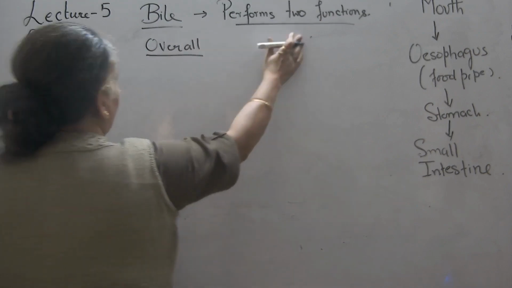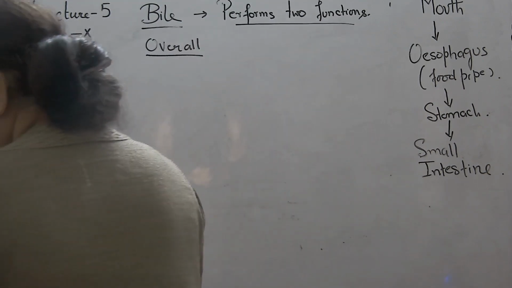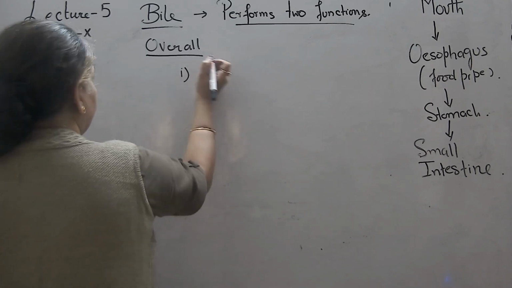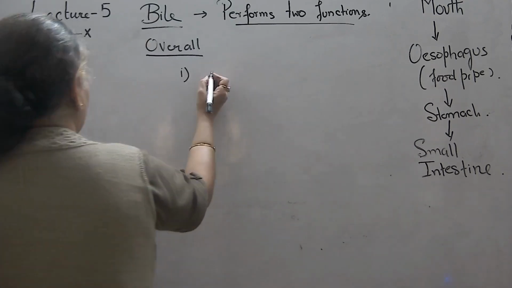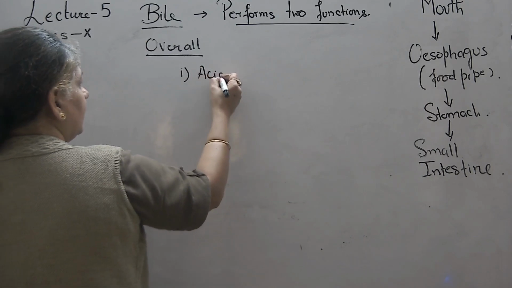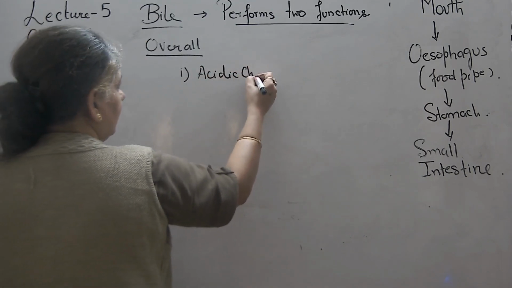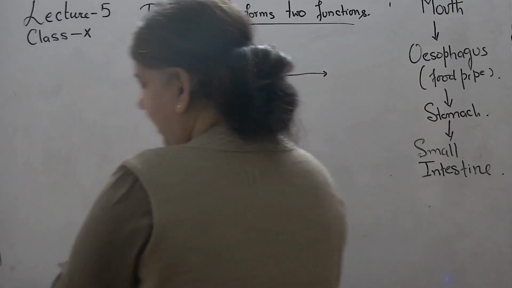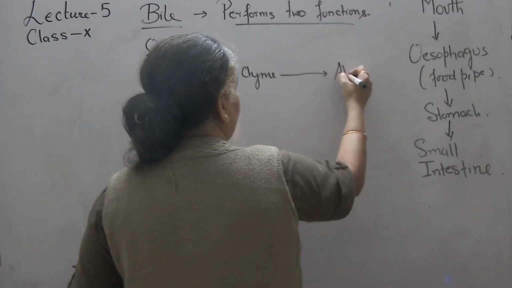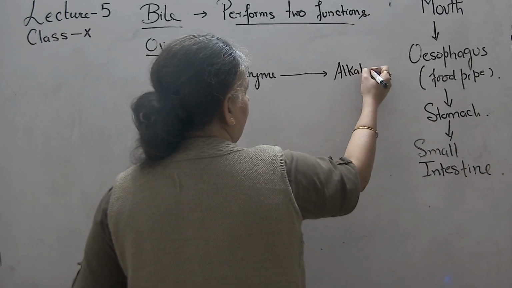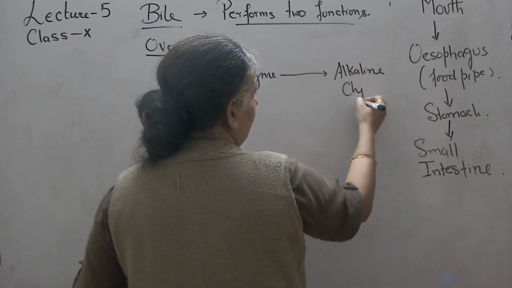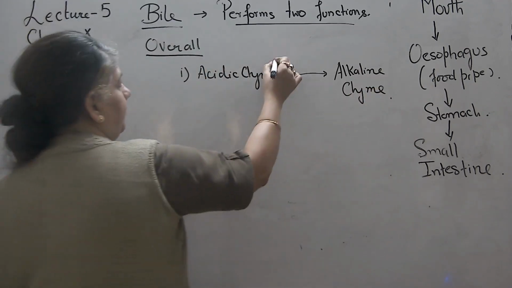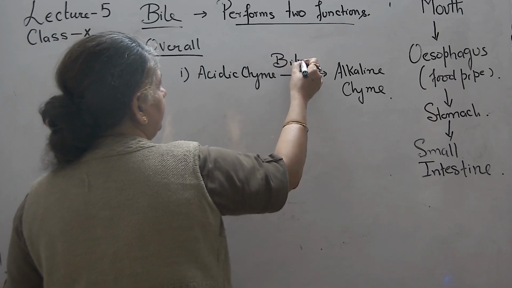If we see an overall view of the function, we can write: first, acidic chyme is converted into alkaline chyme in presence of bile.